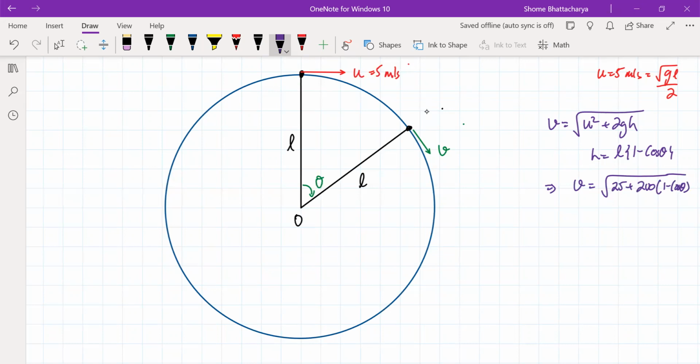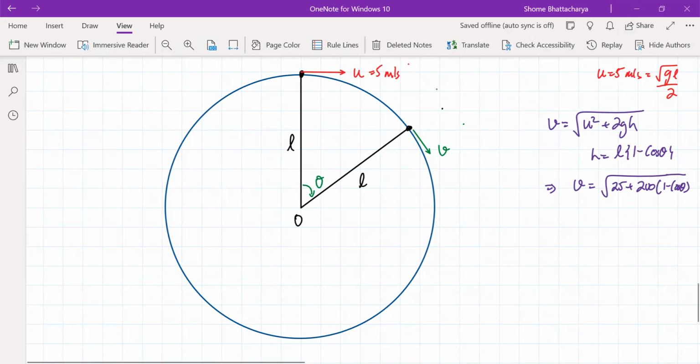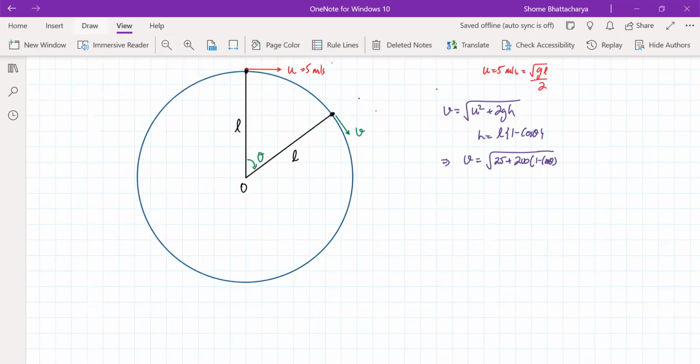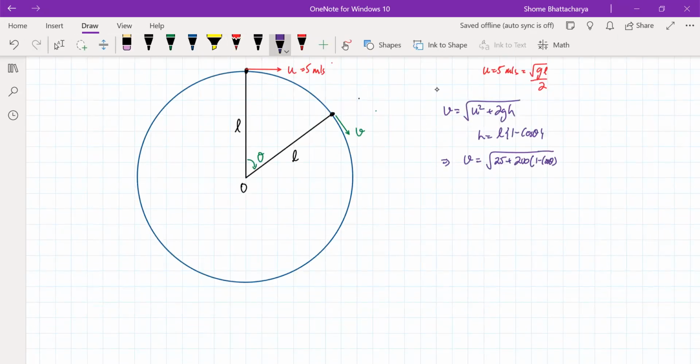We put it numerically, it will be like this. If we put it parametrically, it will be GL, if we take common, square root of U square, which is 1 by 4, plus 2 into 1 minus cos theta, like this.